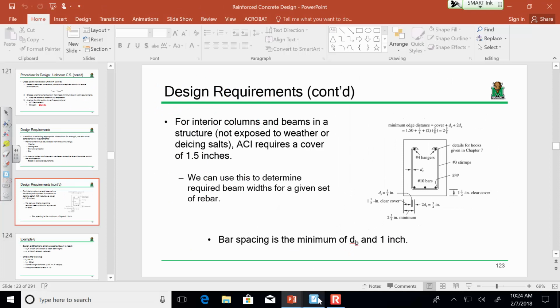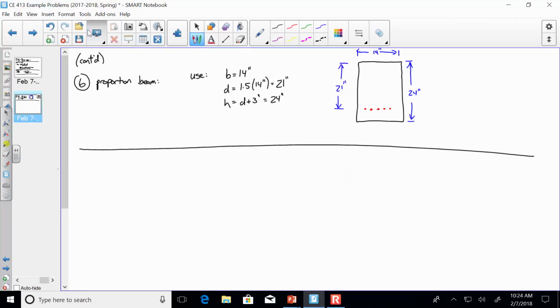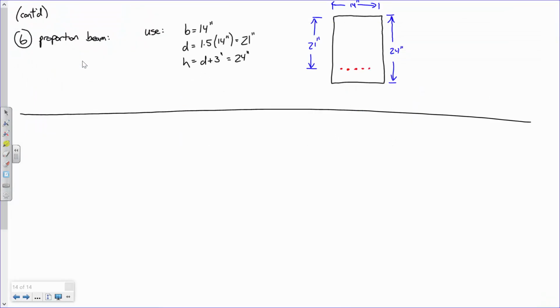Let's talk about the steel. All right. So we're on step 7, which is to determine our required AS. So compute required AS.